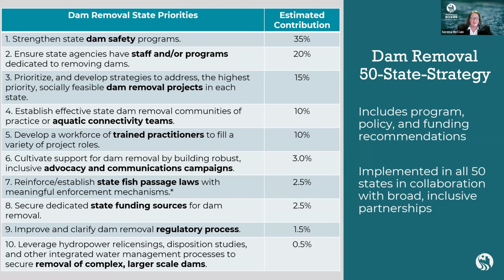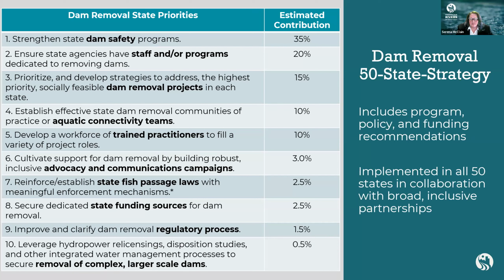They had state funding sources. They had enforced fish passage laws. They had a dam safety program that not only coordinated with the state fisheries folks, but was leading a pretty clear-cut regulatory process. There's just a few very vague examples.